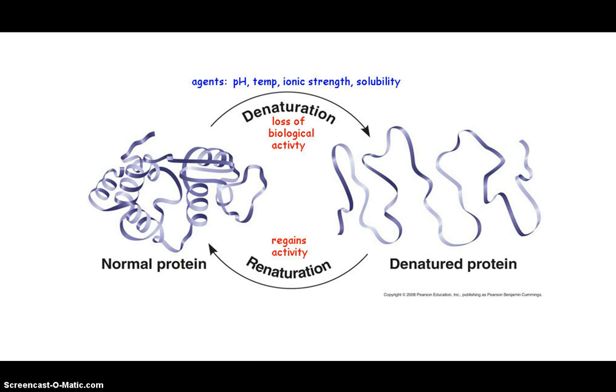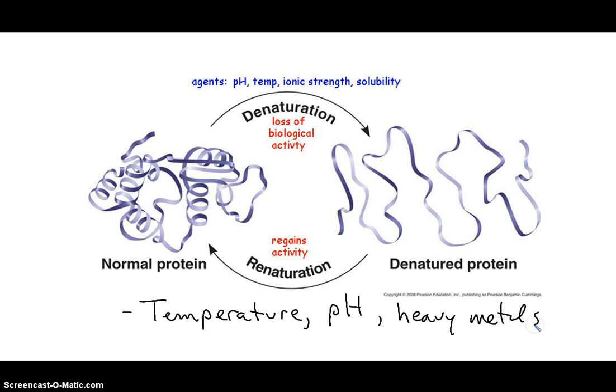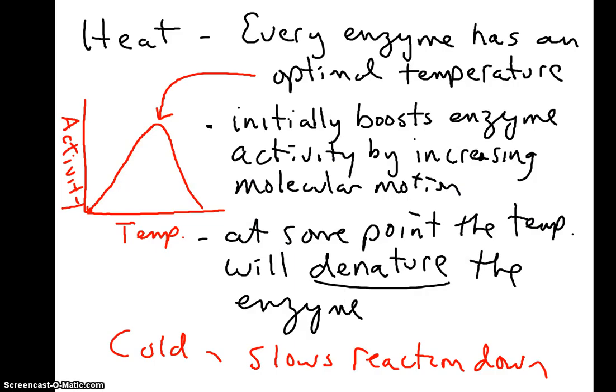The big ones you've got to remember in terms of conditions that will affect the function of a protein are temperature, pH, and then the other one is heavy metals like lead, cadmium, or mercury. It's very important to realize that if these proteins are not within a certain range, they're not going to work very well.